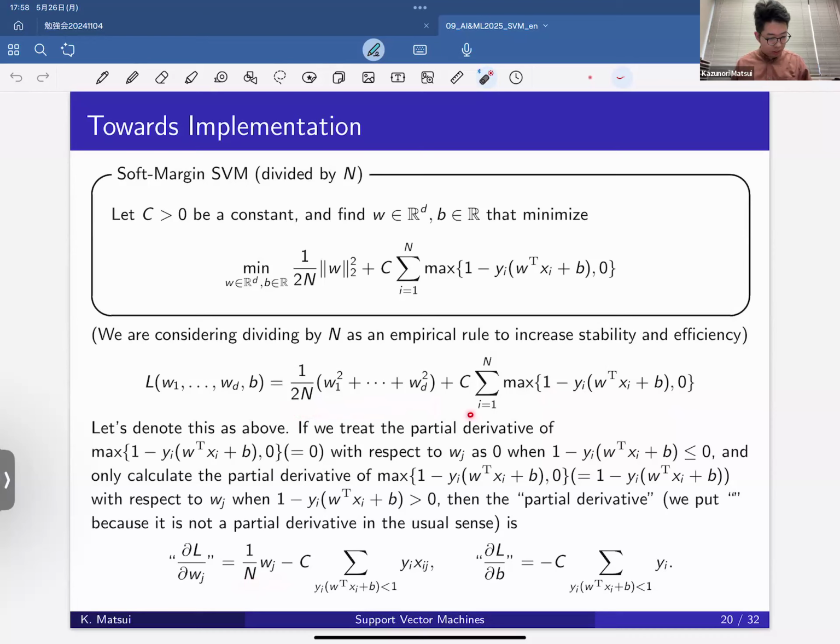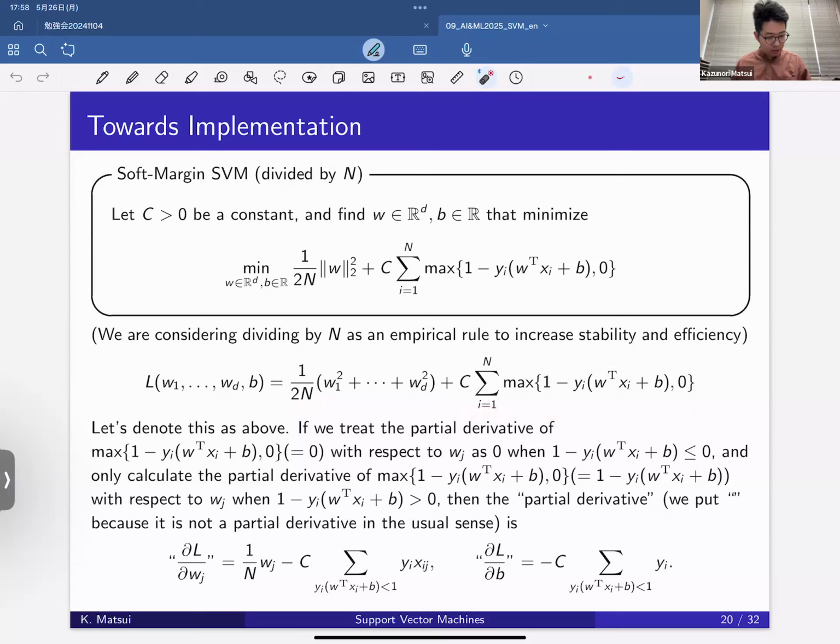For the partial derivative of the summation part, when 1 minus yi times (w xi plus b) is less than 0, it becomes 0. So we set it to 0 there, and we don't need to handle it there.